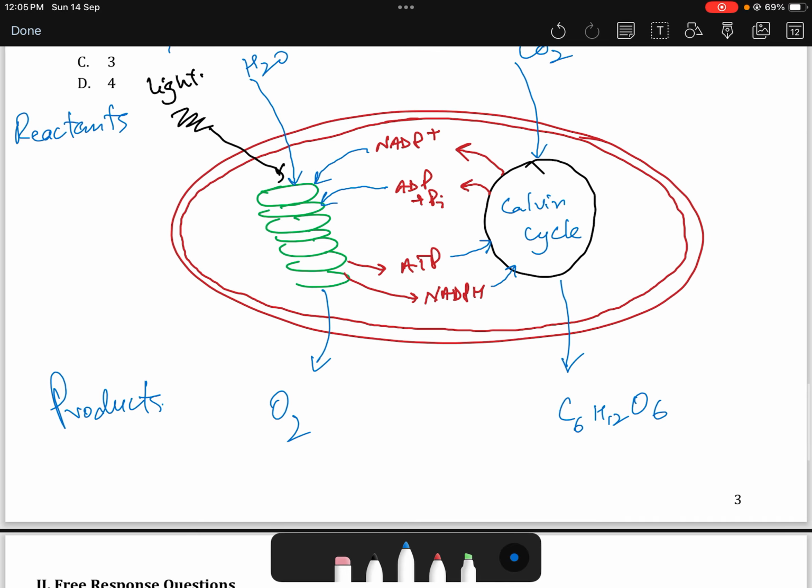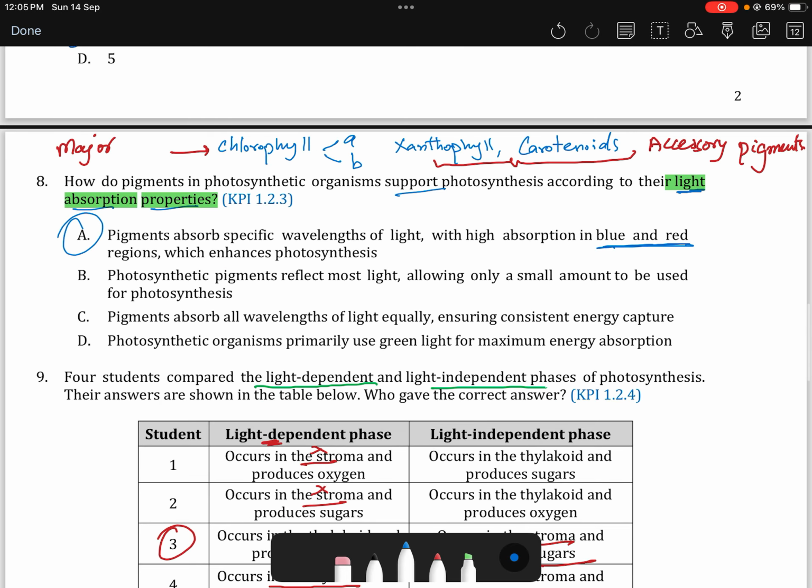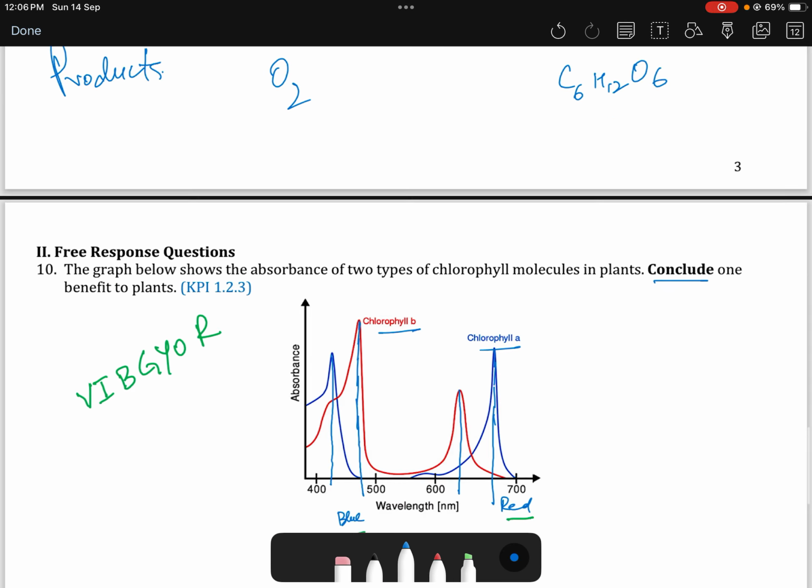You can say that since they have two types of pigments, chlorophyll A and chlorophyll B, they absorb specific wavelengths of light, which gives high absorption and enhances photosynthesis. Basically this is the conclusion for the graph.